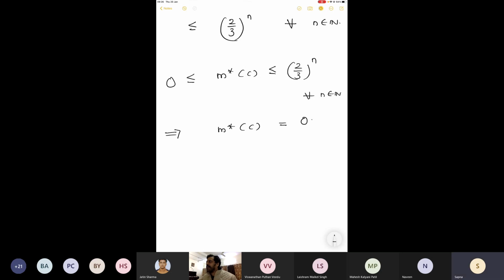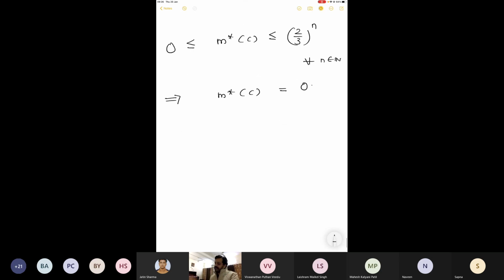Did you get my statement? Countability will give outer measure 0, but if the outer measure is 0, you cannot conclude immediately that the set will be countable. Even an uncountable set can have outer measure 0. So that is an unpleasant situation.